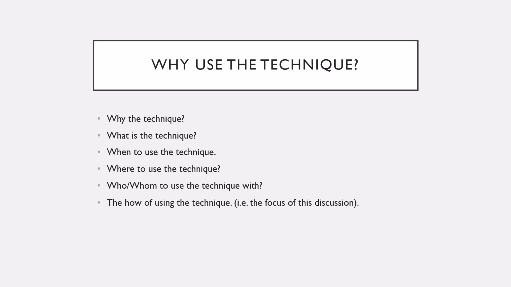Why use this 5Ws and H? The 5Ws and H techniques, we are using them together. They are a powerful questioning framework used to refine ideas, develop focused research questions, and structure logical research thinking.